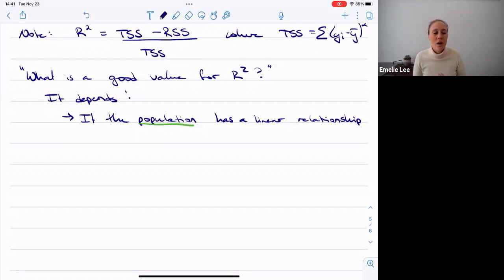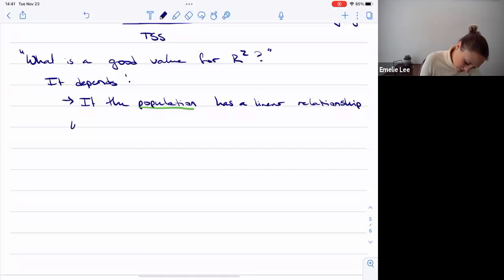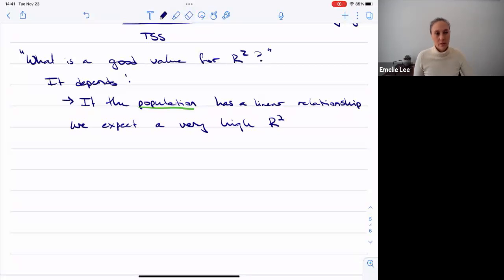Okay, so if the population has a linear relationship, we expect a very high R squared value, kind of 90%-ish.